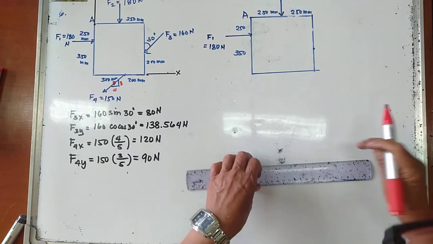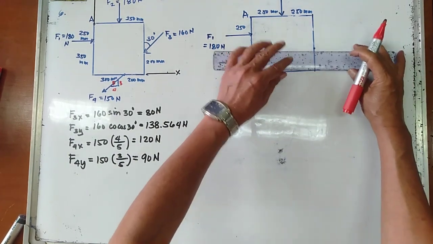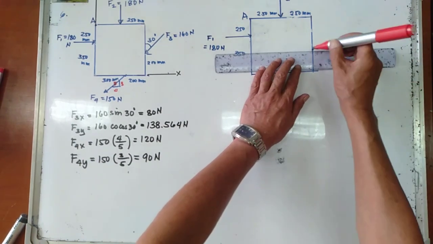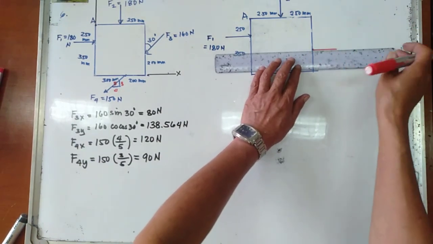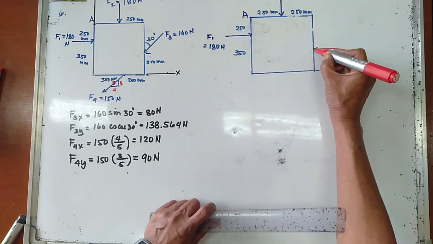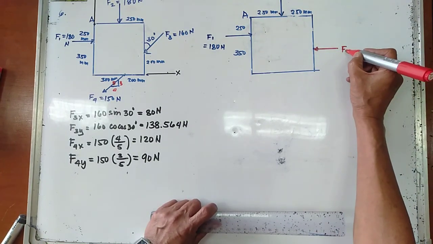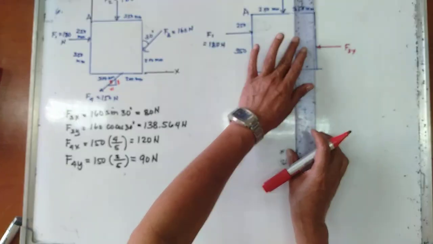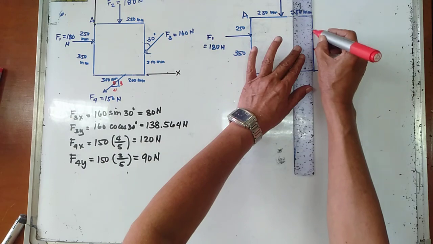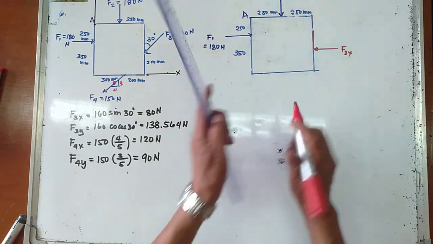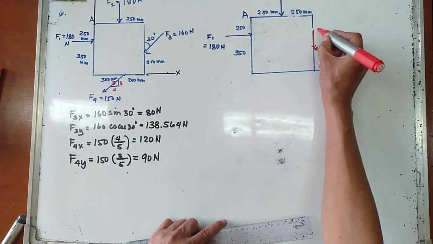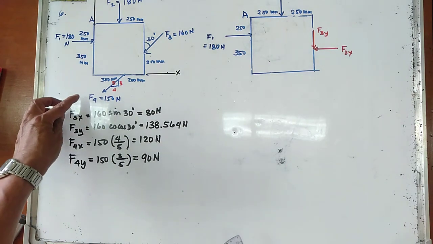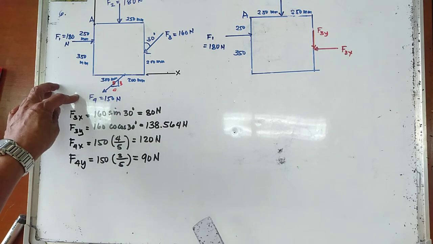So we have your F3x. That is down to the left. This is your F3y. So let's try to have now your F4.